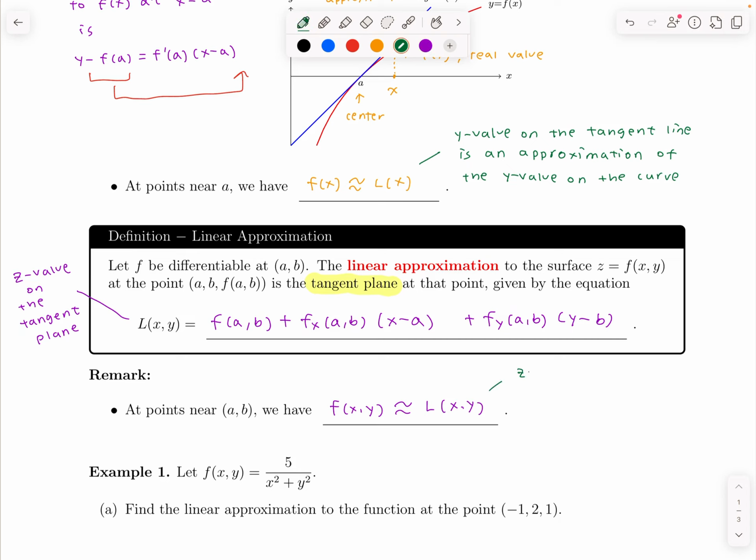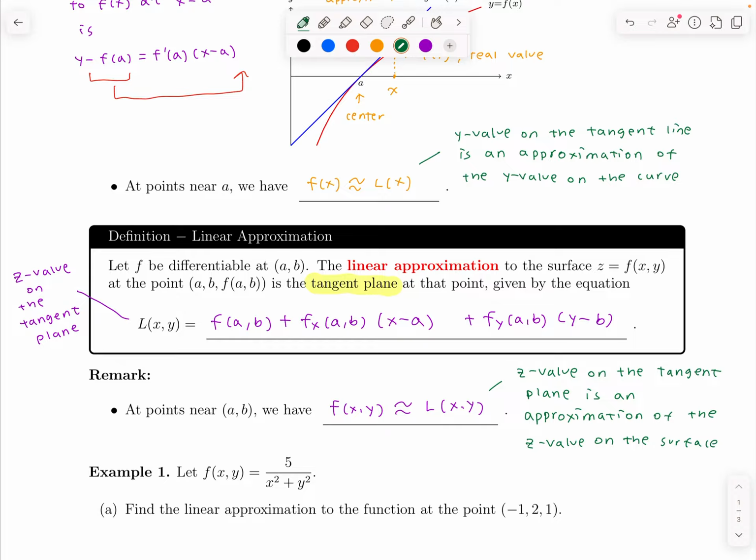The z value on the tangent plane is an approximation of the z value on the surface.